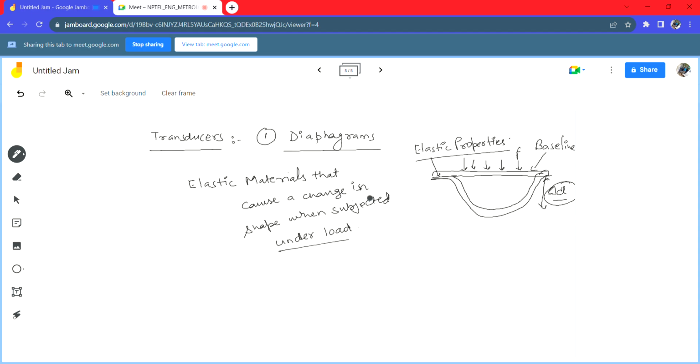Now this delta D corresponds to the force F. If this F changes to F dash, the delta D will change to delta D dash. Or rather, it will be delta D only, but the change, if it was D, small d, then corresponding to the F dash, it would be D dash.